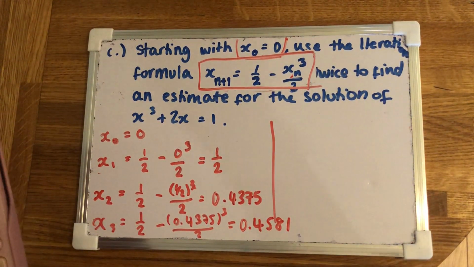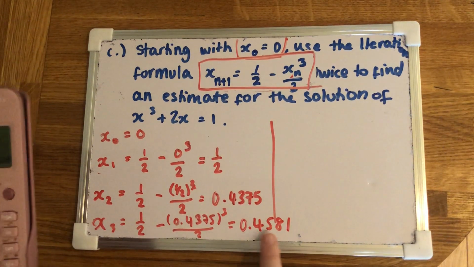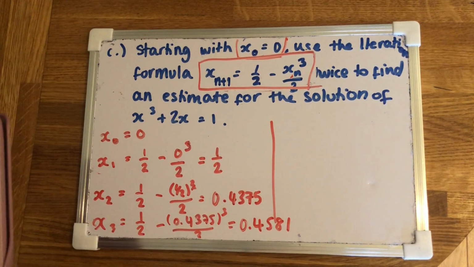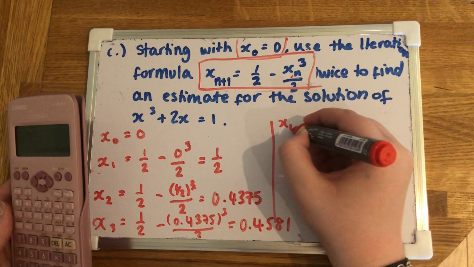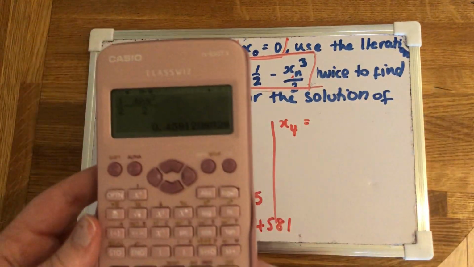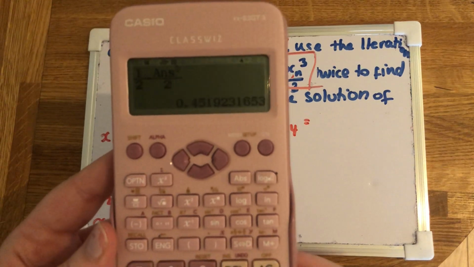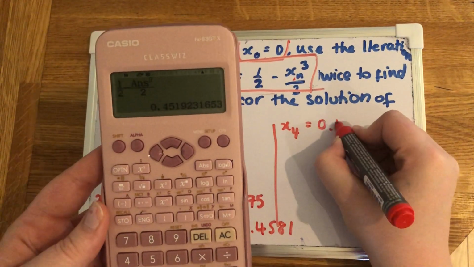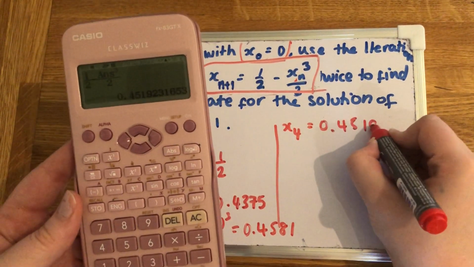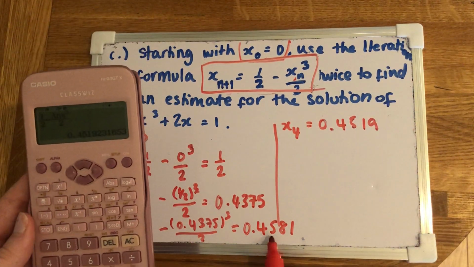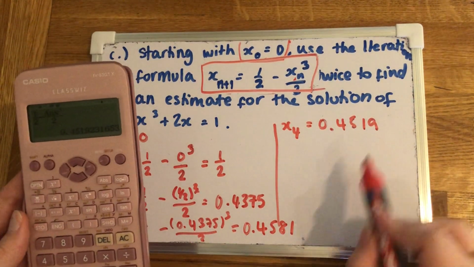So we need to keep going until the numbers start to not change as much. So for x4, I'm just going to click answer each time now because it saves me writing it down. So if I click equals again, 0.4519. So even now we've got the 4, 5 there staying, it's just the 1, 9.